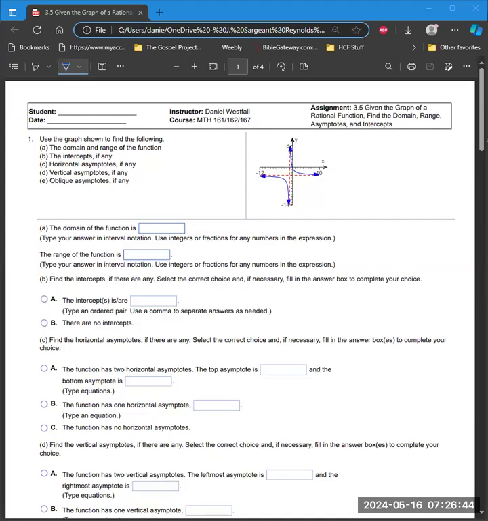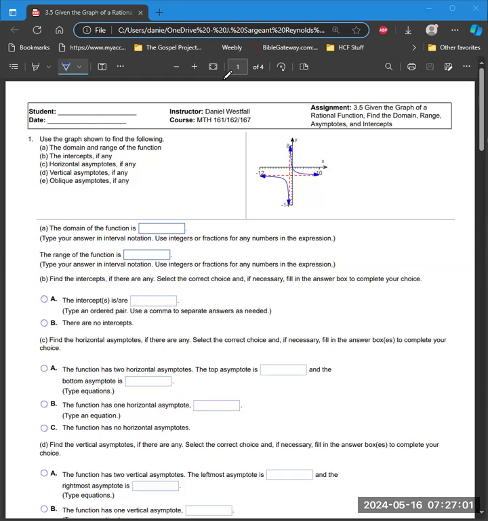In this video, we're going to be given the graph of a rational function, and we're going to find the domain, range, asymptotes, and intercepts from it from section 3.5. So let's look at this graph right here.